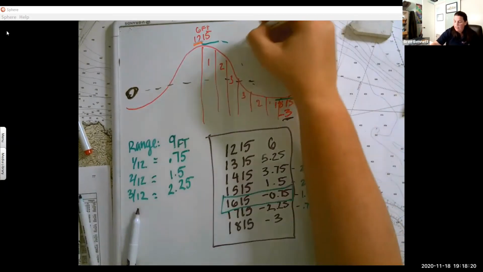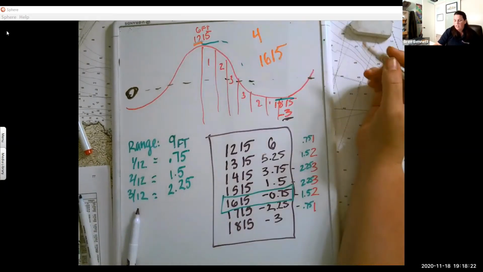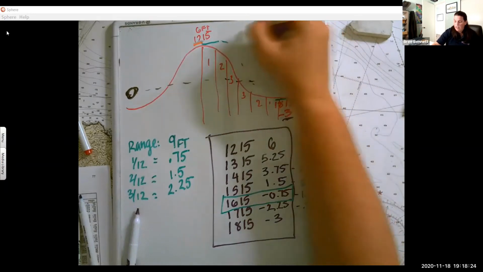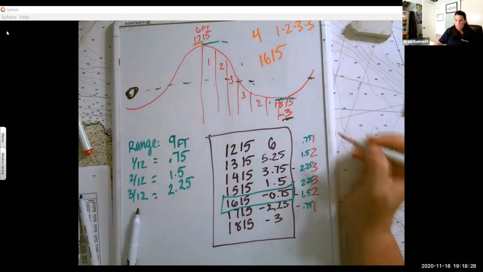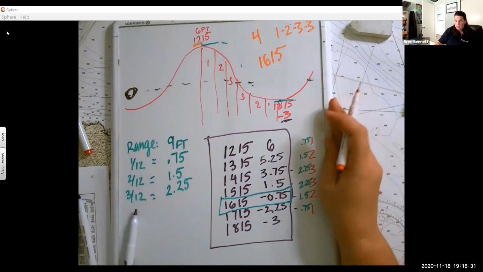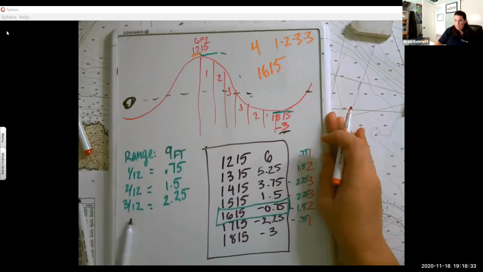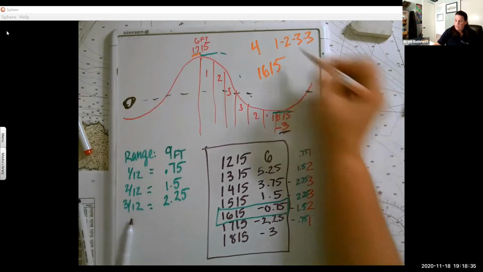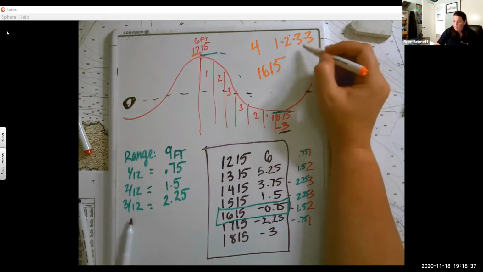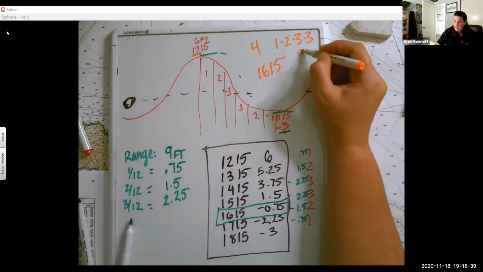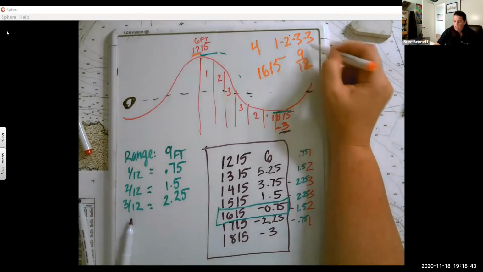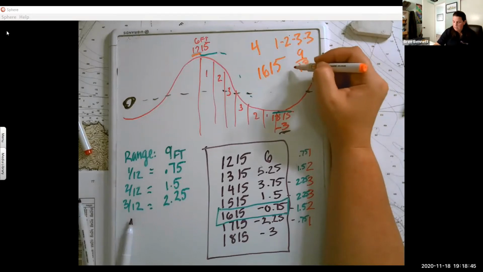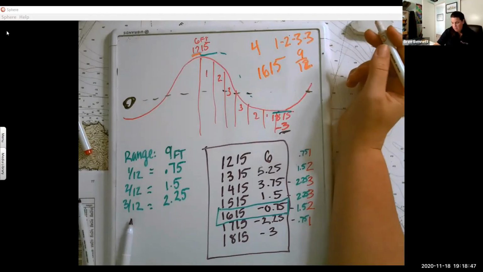So I have a 4-hour difference. So that is going to have a 1, 2, 3, and 3 change. Does that make sense? Which is essentially 9/12. So if I get 9/12 of my 9 feet, I can't even do that in my head.